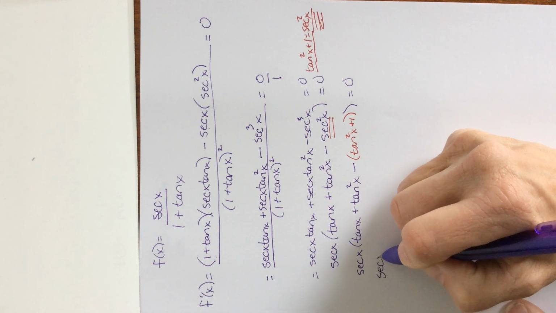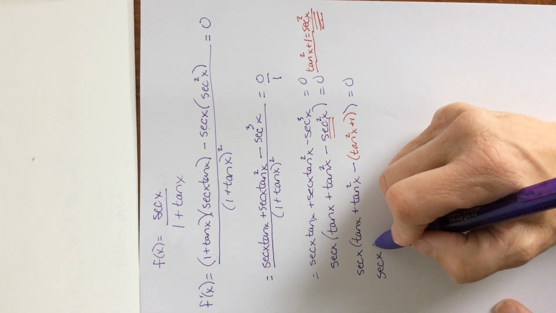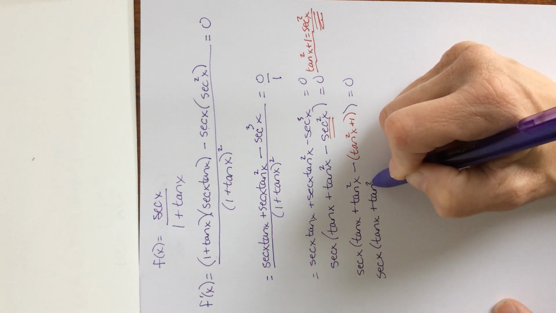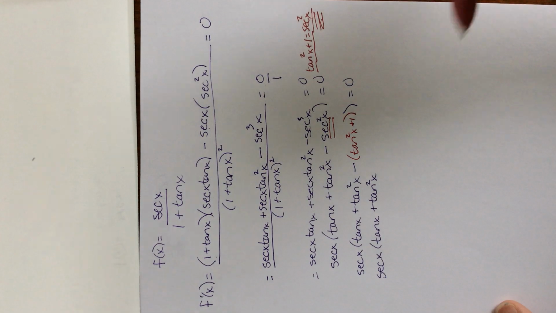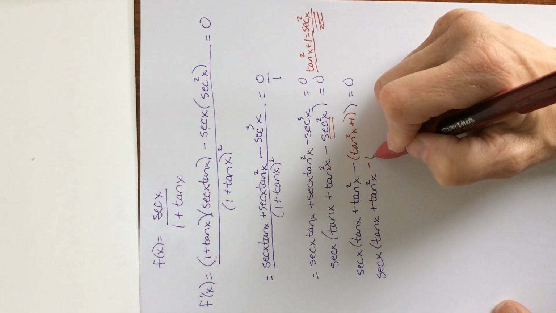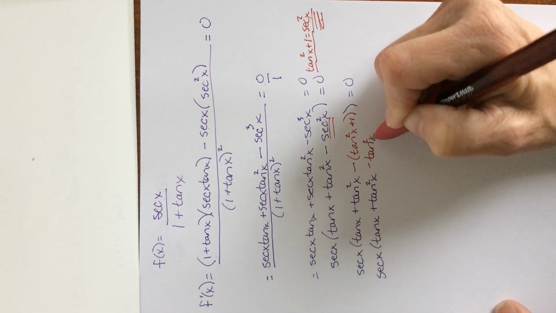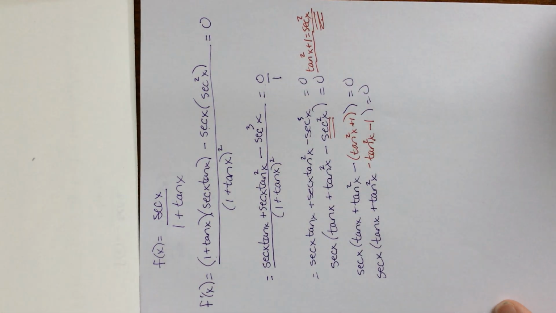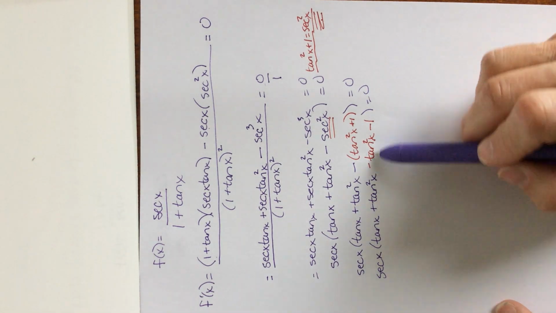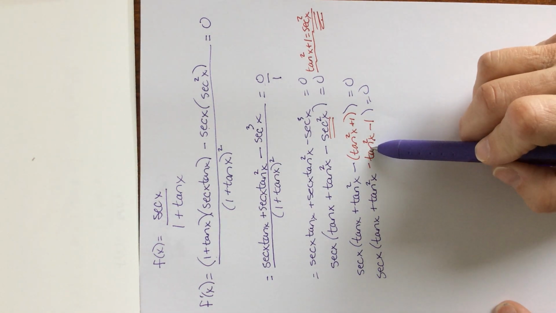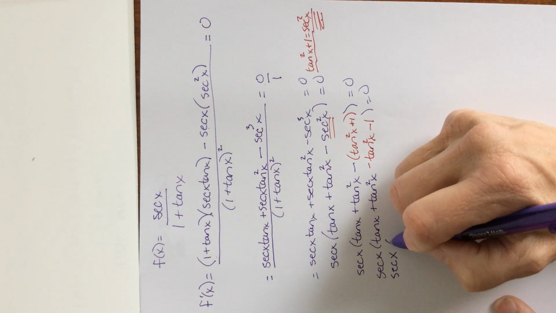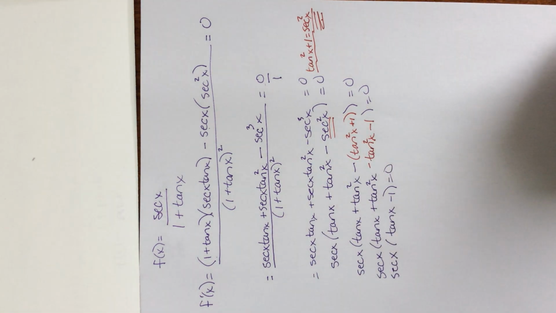So I'm going to rewrite this as secant of x times tangent x plus tangent squared x minus tangent squared x minus 1, and all that still equals 0. Then inside here, my tangent squares cancel, and I'm left with secant of x times tangent of x minus 1 equals 0.